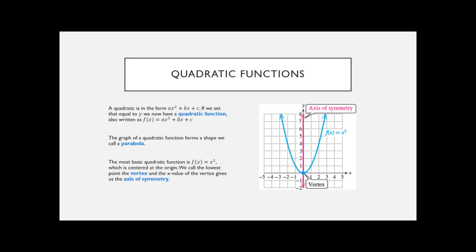So if you split it in half so it has a mirror image, that line is the axis of symmetry, and then the point on the graph at which it is the halfway point, that's called the vertex. So that's basically the middle point of the graph. For our basic function here, the vertex is at the origin, and it's opening upwards for f of x equals x squared.